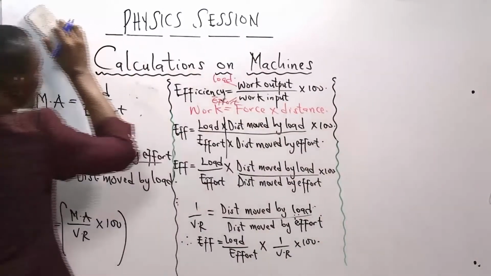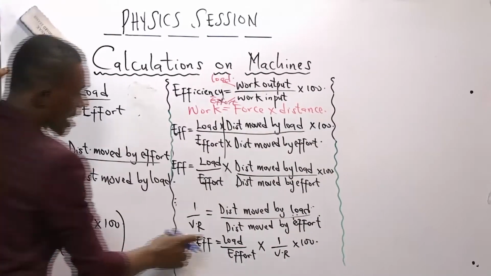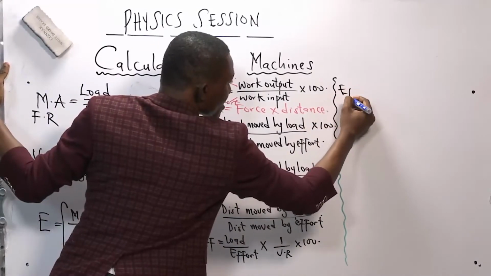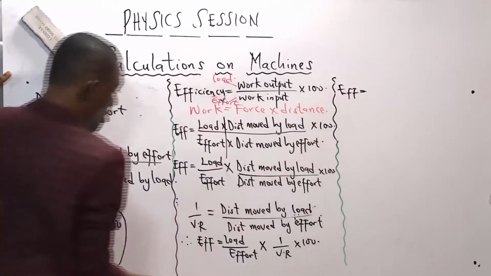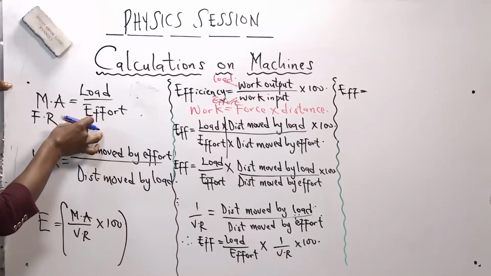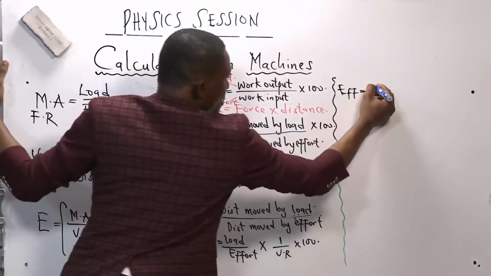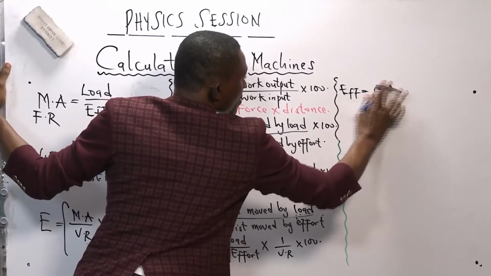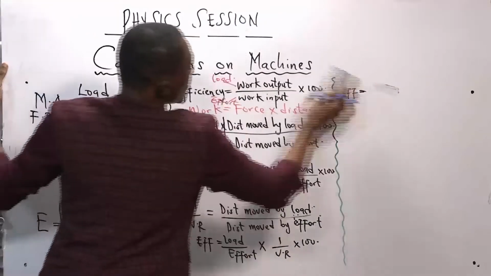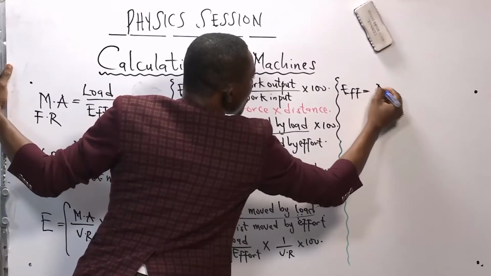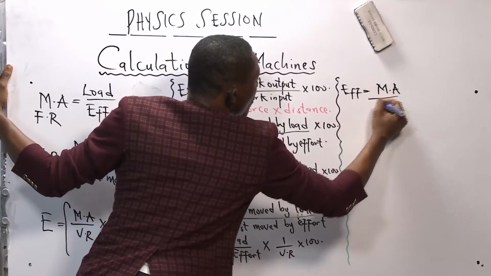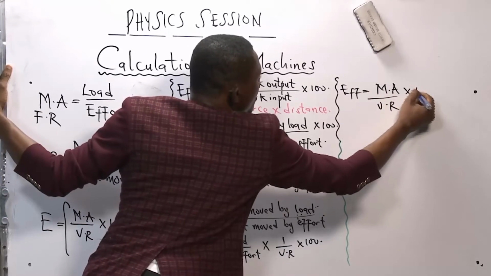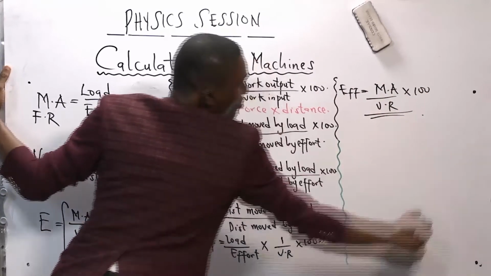Just take it step after step. And finally now, we can now say that efficiency is equal to, don't forget our load over effort is MA, so we say it's MA over VR times 100. Proved.